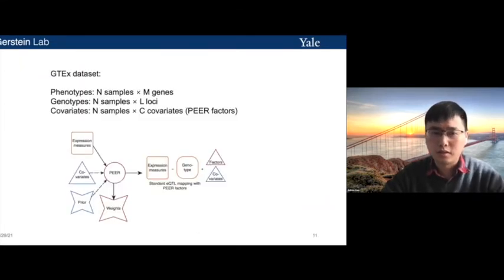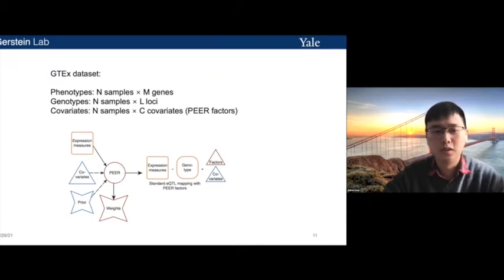So the GTEx dataset consists of phenotypes, that is a lot of samples times a lot of different genes. And also the genotypes, that is the samples times a lot of different loci, which are the SNPs. And finally, they have a third thing called covariates, basically some environmental or other variables that might be affecting the gene expression level.